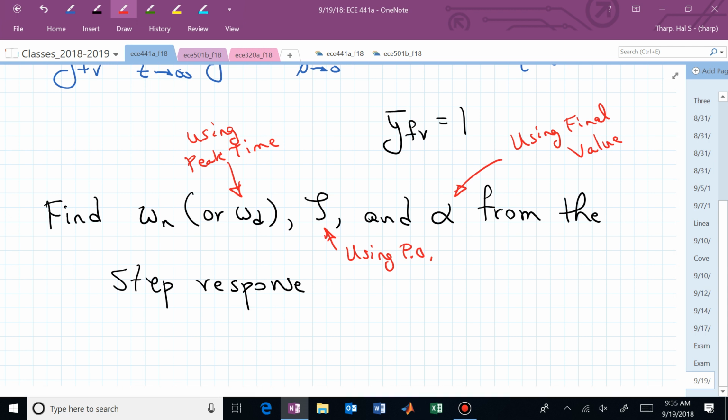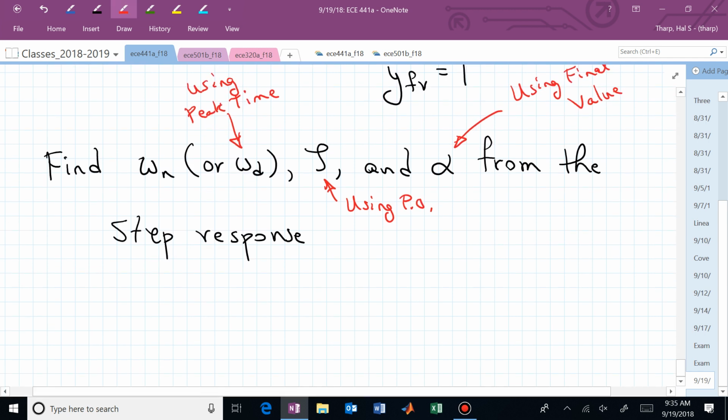We are going to use a final value for those. So this step response is going to be providing us with time to peak, percent overshoot, and final value.